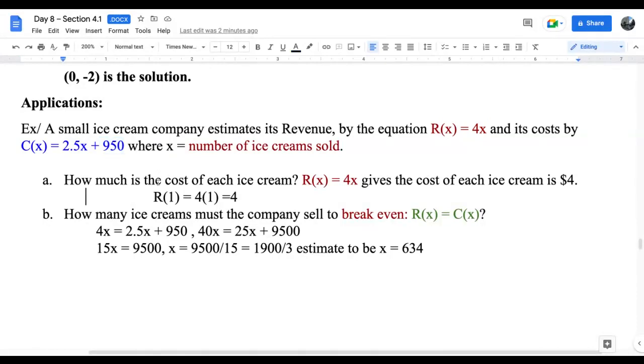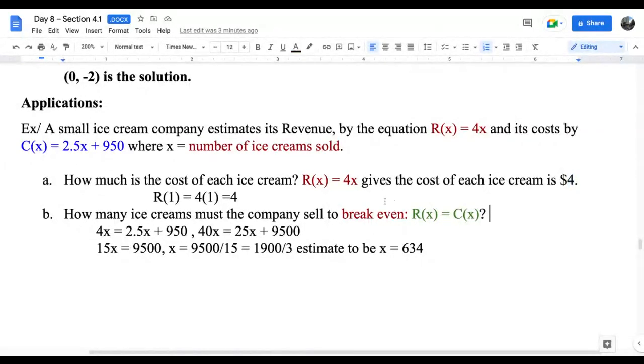Question: how much is the cost of each ice cream? The revenue is 4x, which means ice cream is sold.